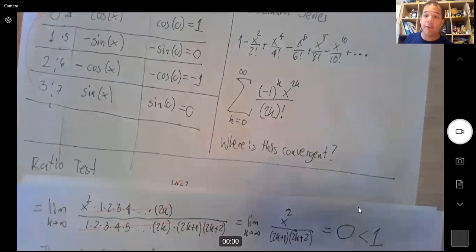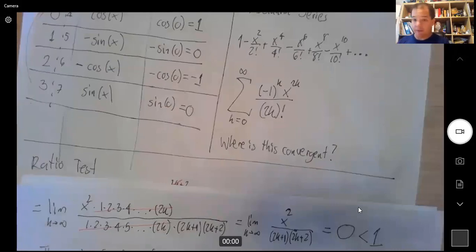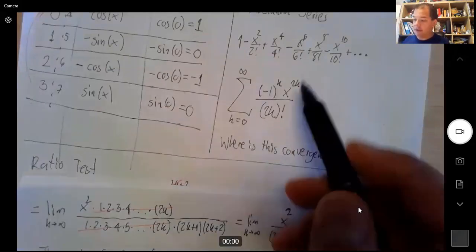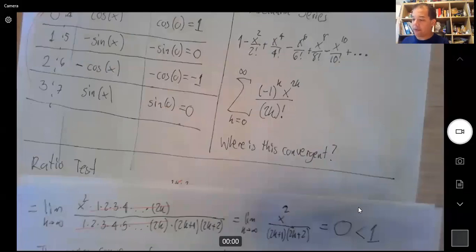And that's the part we're going to be talking about tomorrow. In this particular case, it is. And that's awesome if you think about it. So we have a way of writing down an expression for cosine x as a power series. All right, but we'll talk about that tomorrow.